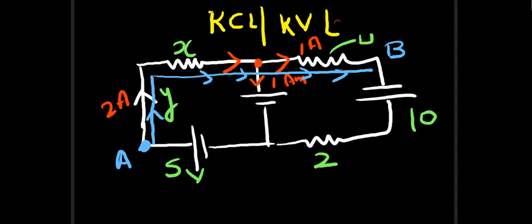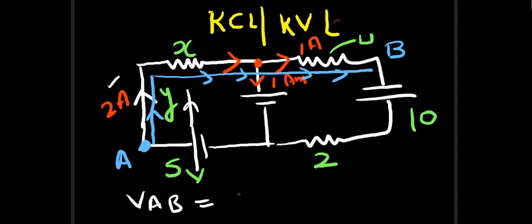Okay, this is one. Now, if you write the expression for VAB, you would realize that I have taken the direction upwards. So the direction I have assumed is upward, and the current is also upward.